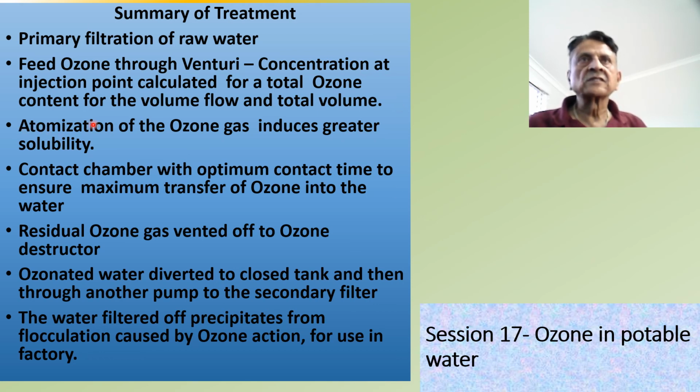The atomization of the ozone gas in the venturi induces greater solubility of ozone. The contact chamber slows down the flow rate of the water to provide an optimum contact time to ensure the maximum transfer of ozone into the water.